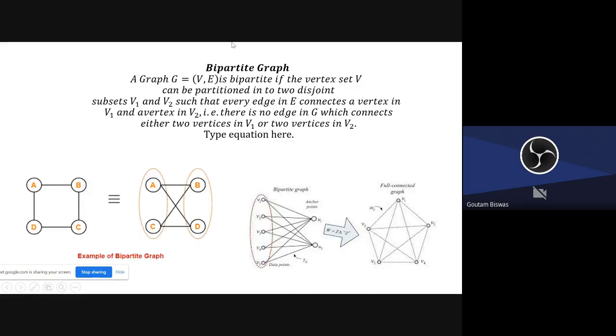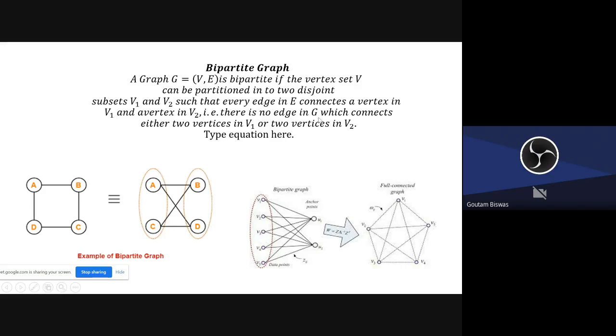Now, a bipartite graph. A graph is bipartite, remember this, if its vertex set can be partitioned into two distinct subsets, V1 and V2. ABCD is a graph, with edges A and B, A and C, and B and D. It can be partitioned.